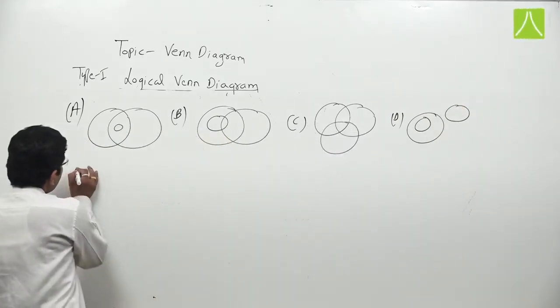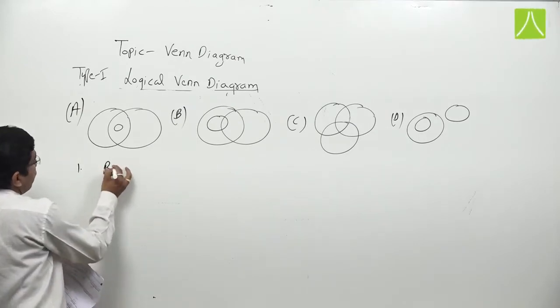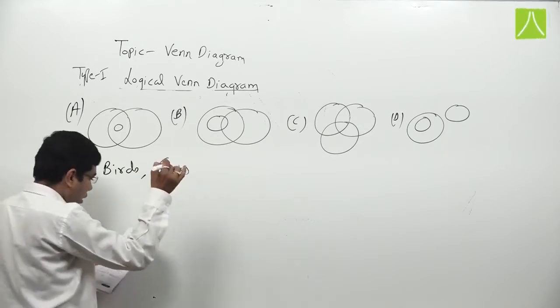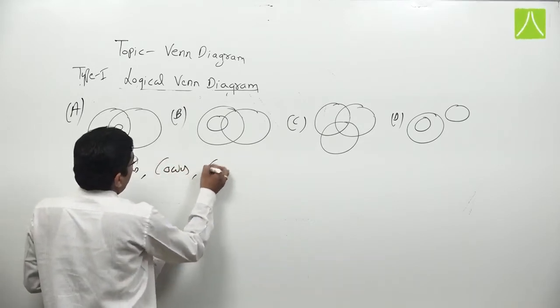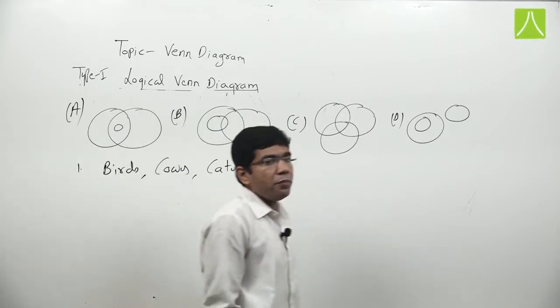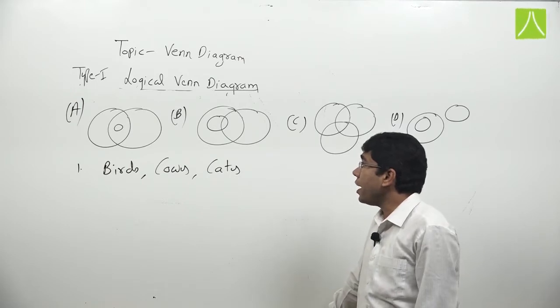Now the first question, we have to find the Venn diagram for birds, cows and cats. Now we have to find the proper Venn diagram for these 3 terms, birds, cows and cats.